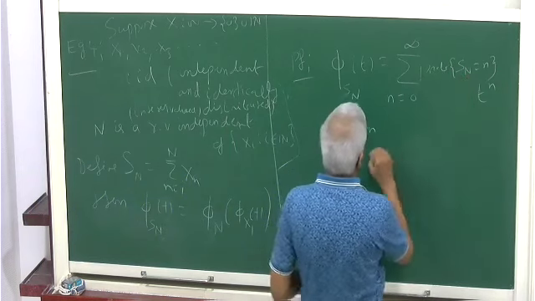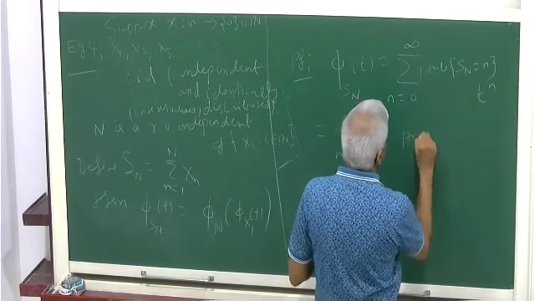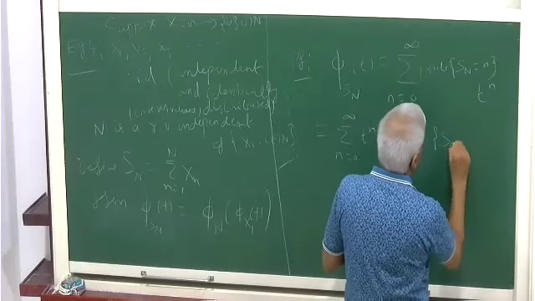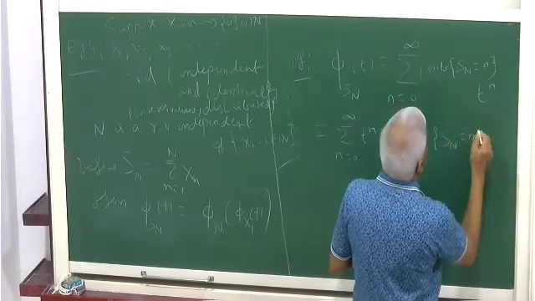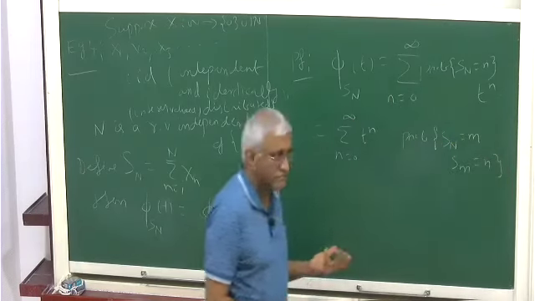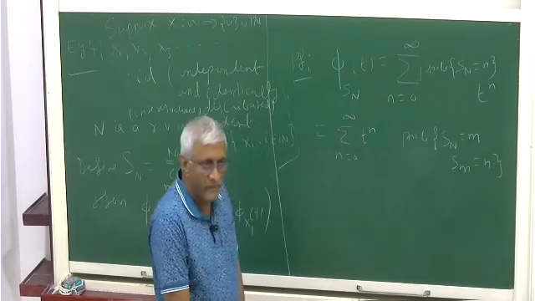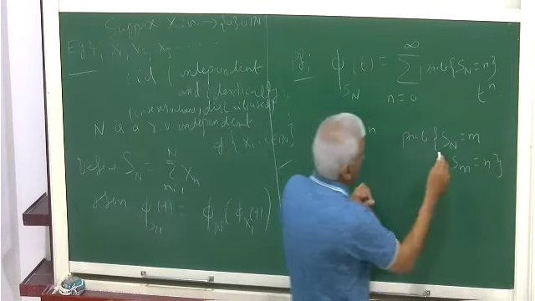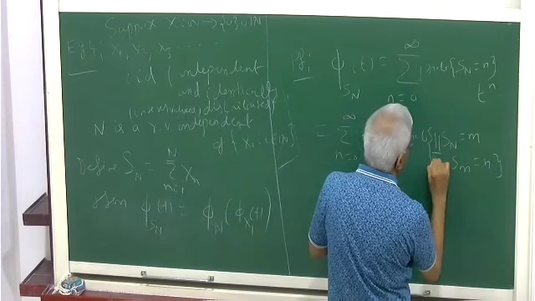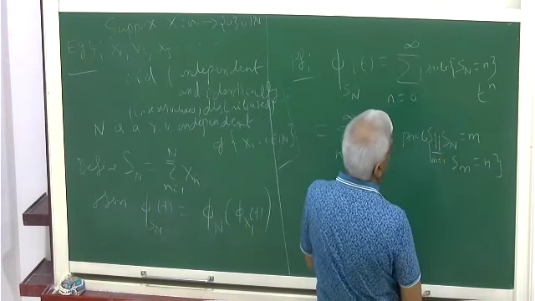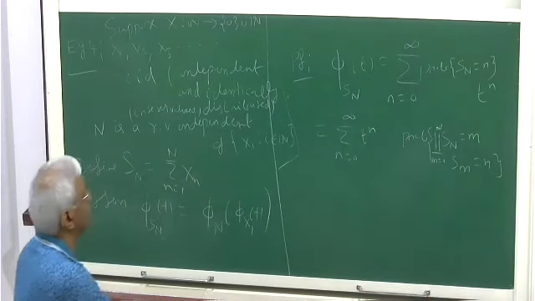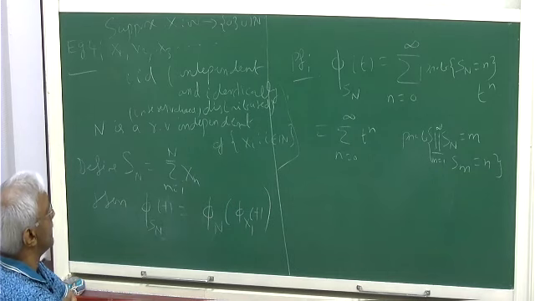So this is the probability, using an idea we have used several times, I'm just repeating: S_N equals n means S_m equals n for some m, and this is a union over m from 1 to infinity. Correct?